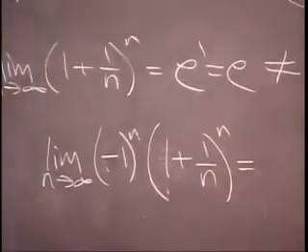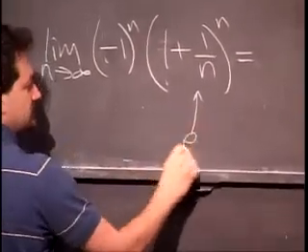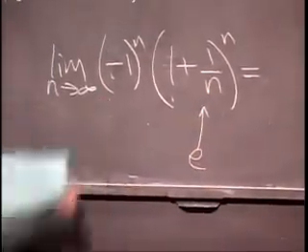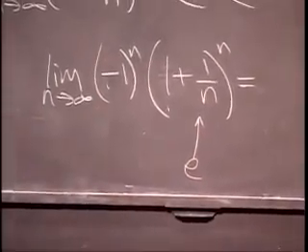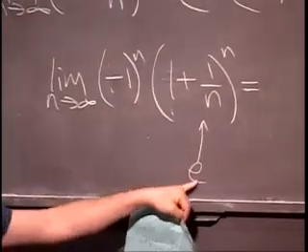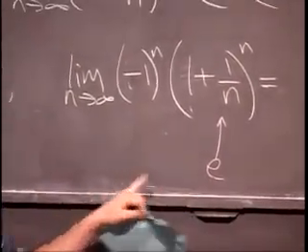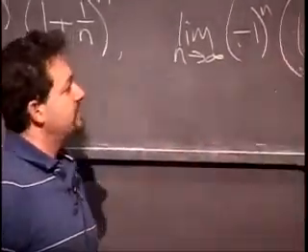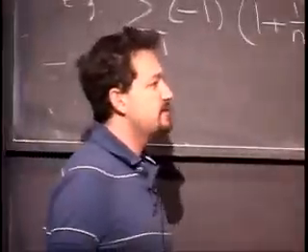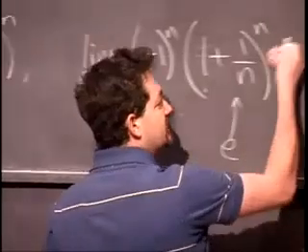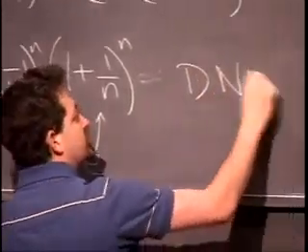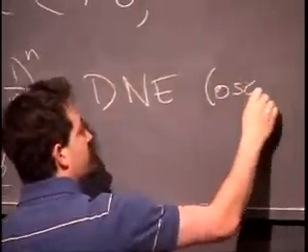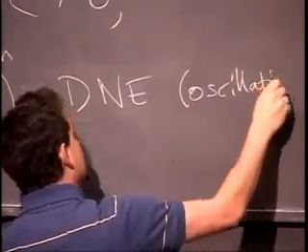Well, this goes to e, as we've said, but unfortunately this term oscillates. So these terms become more and more like e, minus e, e, minus e, and so on. So this just oscillates between e and minus e. So it does not exist because of oscillation. Never actually gets to e or minus e, but it's very close.